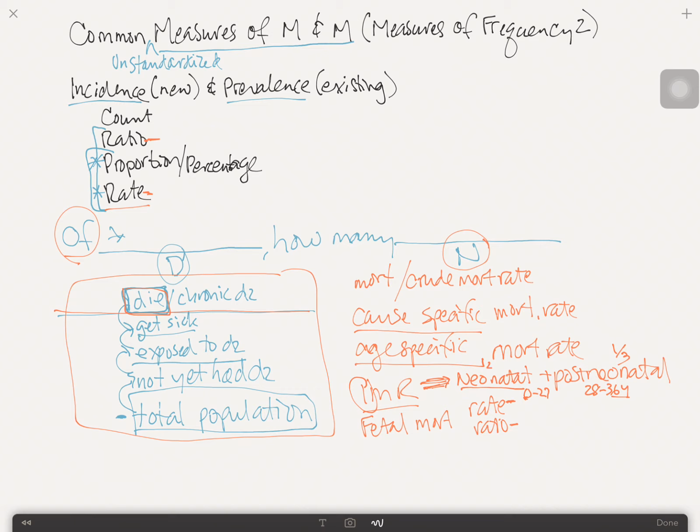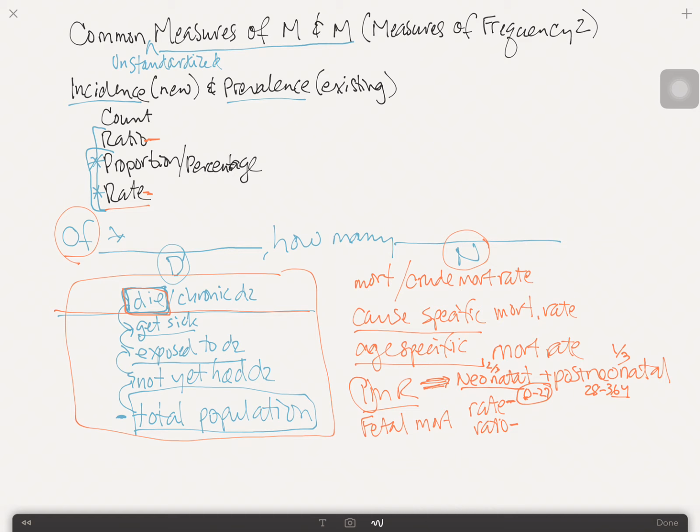So neonatal tends to be about 2/3. Of the neonatal, about 2/3 of them tend to be during the first week of life, because this is a full month. And of those that happen during the first 7 days, days 0 through 6, approximately 2/3 tend to be during the first day of life.